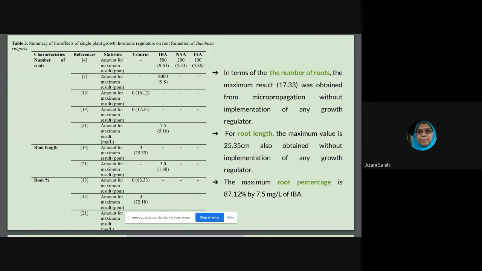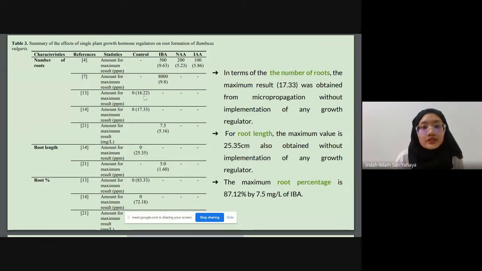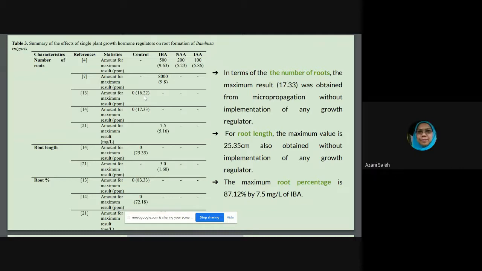Am I right? Yes. In the bracket is the number of roots, right? Yes. So if you look at the number of roots here, when you compare to IBA, NAA, and IAA, it's very clear that the control treatment actually produces a significantly higher number of roots and also root length, and the root percentage as well.